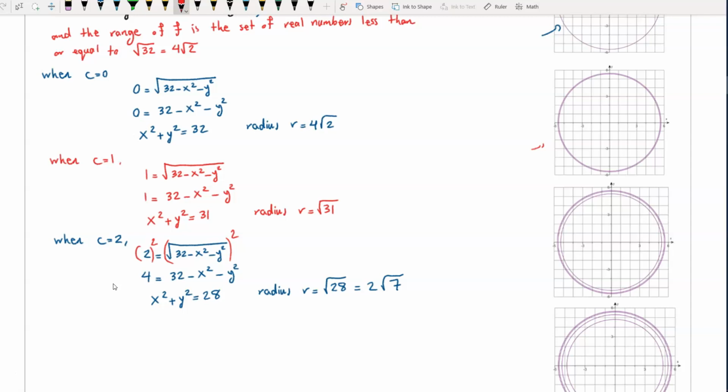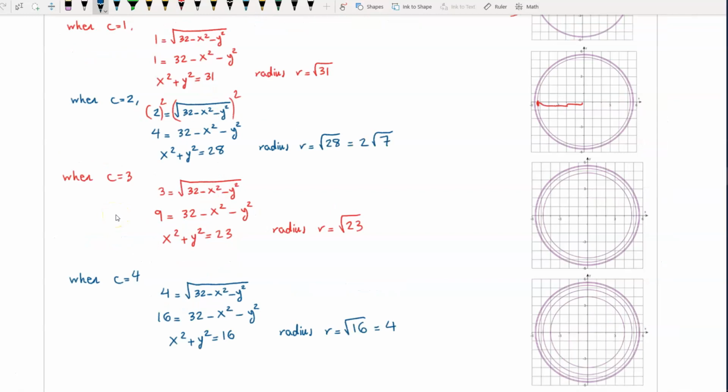So here we have another circle on this part, and it's this one we have here with radius 2 times square root of 7. And here again, we repeat. So we have c equal to 3. 3 is equal to square root of 32 minus x squared minus y squared.